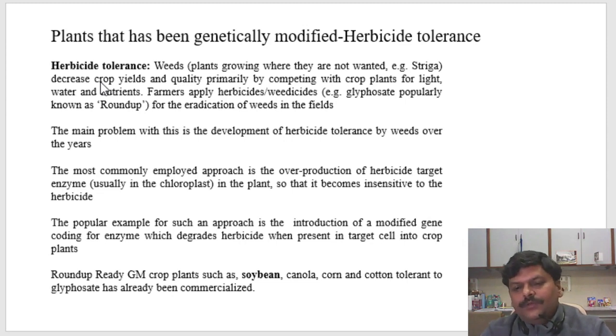So what people have done, especially in developed countries such as the USA, where there are large farms available, is that the target crop is made transgenic, where it expresses a particular enzyme which detoxifies the herbicides which can be sprayed.